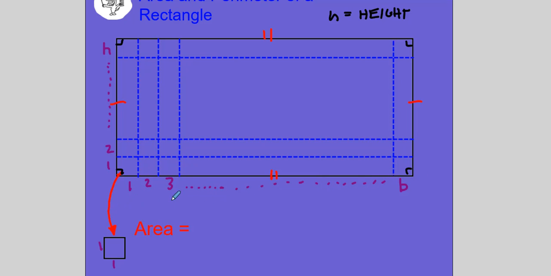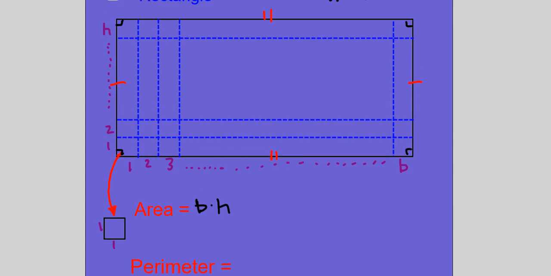This is going to be my base, this length. So the area is the base, which I'm calling b. Then I go up this way, 1, 2, and so on, and I get to choose how many of these squares I go up. I'm just in general going to call it h. So the area of a rectangle is b times h, or base times height.